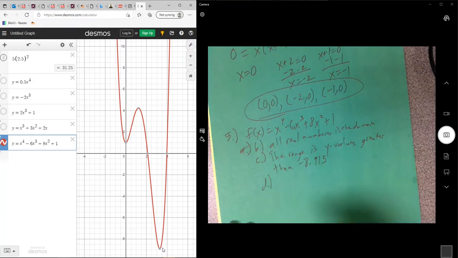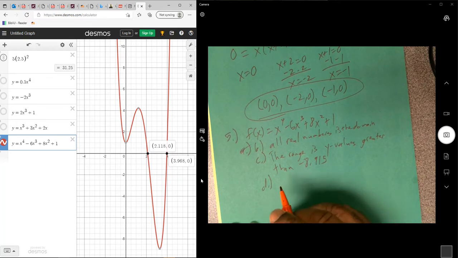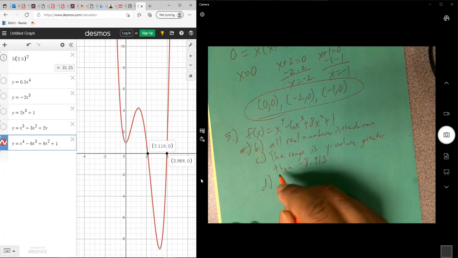Now we come here to D. Use your graphing calculator to estimate the x-intercepts of the function f of x. So what we would do here is find where the graph hits the x-axis. It's only two places. So basically, we write this as an ordered pair.